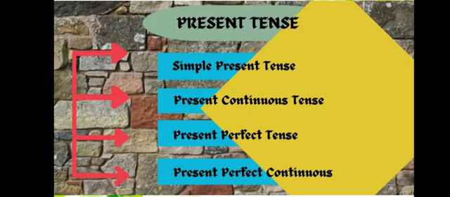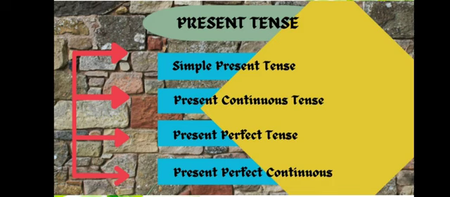Here we have the present tense. Now we are going to enjoy it together and learn it better. See, as our parents have 3 or 4 children, here present tense has 4 children. That is to say, present tense is subdivided into 4 categories.